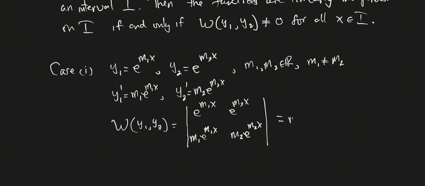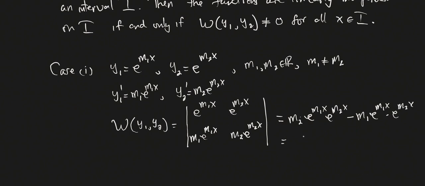I'll put the constant first, so it's m2 times e to the m1x times e to the m2x, and then minus m1 times e to the m1x times e to the m2x.